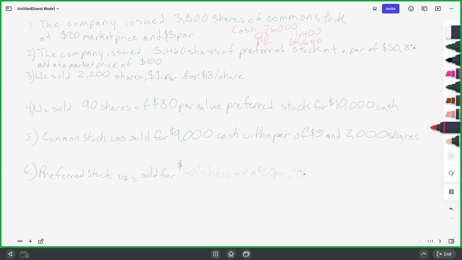The company issued 5,460 shares of preferred stock at a par of $50, 8%, and at a market price of $100. Cash is 546,000.